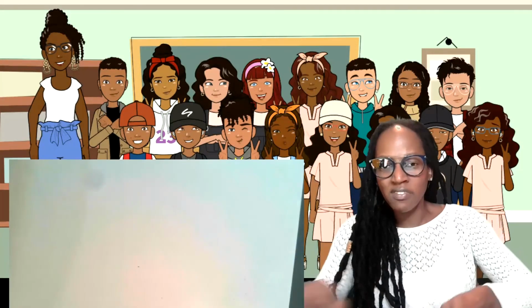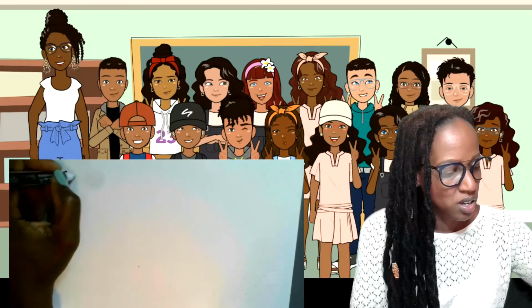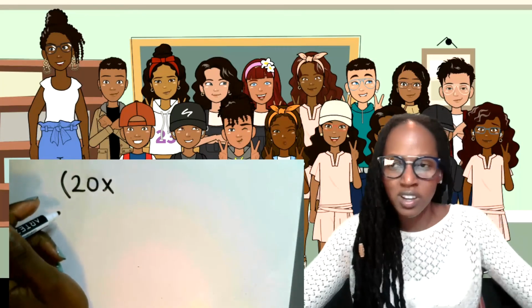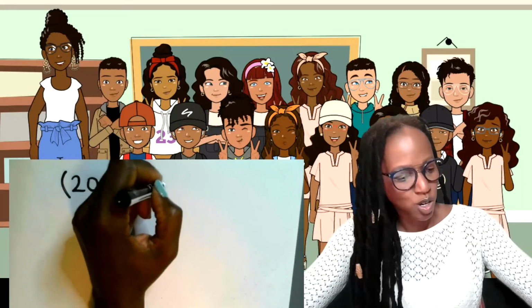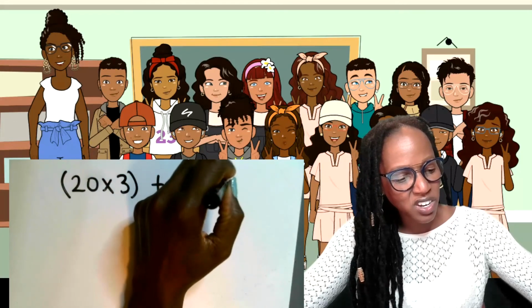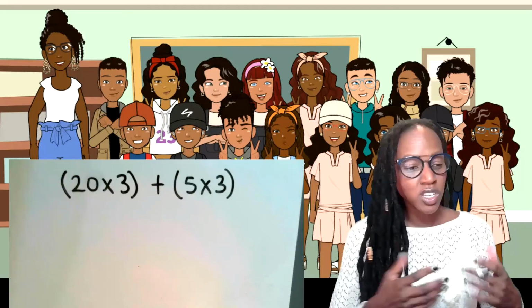All right, what was our expression? Let me just take a quick look. 20 times 3 plus 5 times 3. Again, the parentheses are kind of giving us instructions on what we're grouping together, like what units we have, okay?